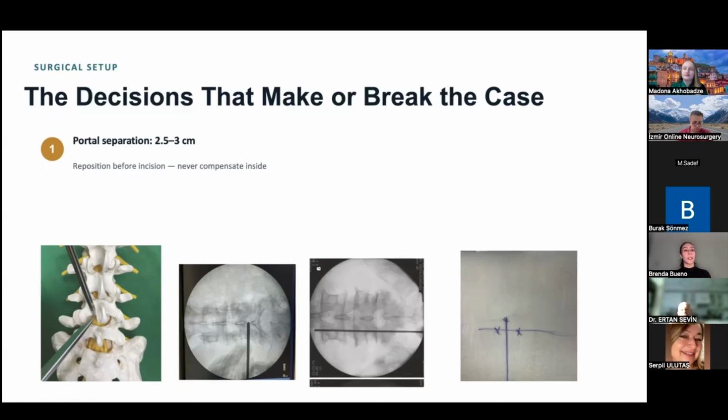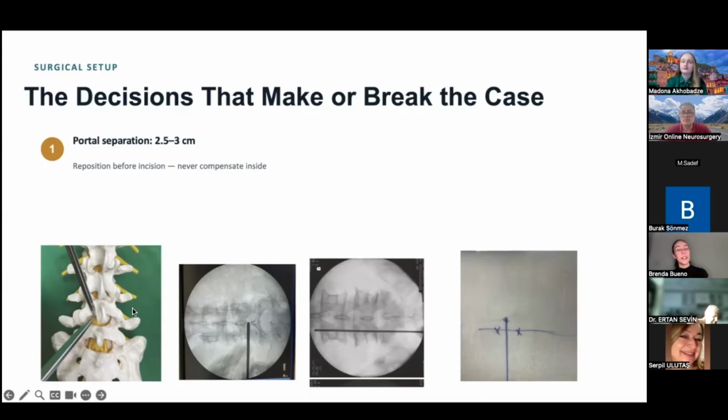That is really important, because I have seen in some novice endoscopic surgeons that they plan only the beginning, and sometimes cannot reach the pathology. Another thing: when you finish, maybe you can do a bilateral decompression, and the ipsilateral recess is more difficult if you don't plan your portals correctly. So the creation of the portal is really important.